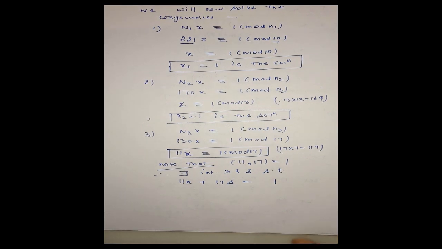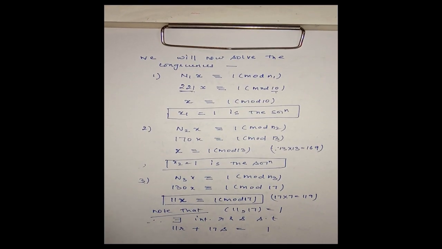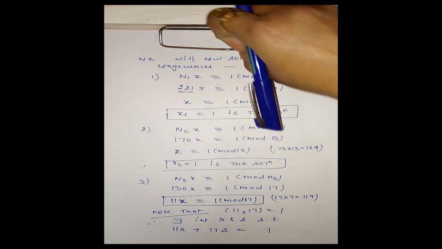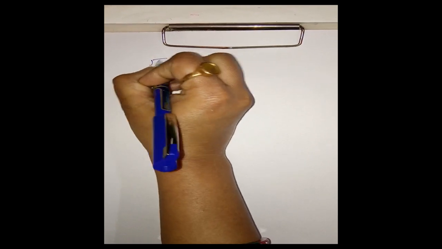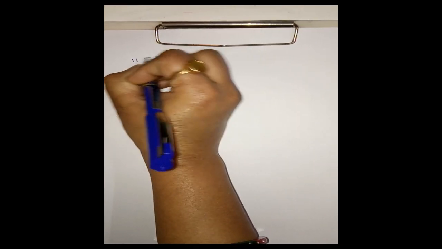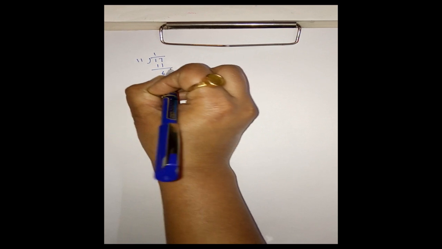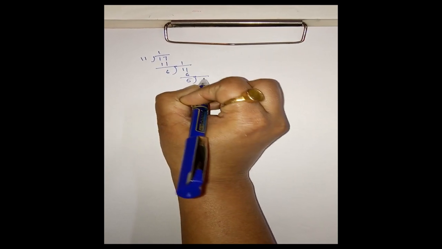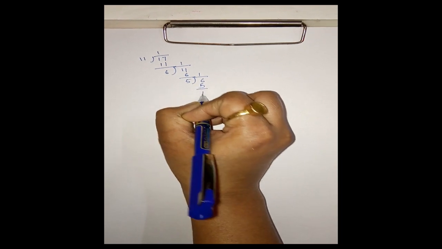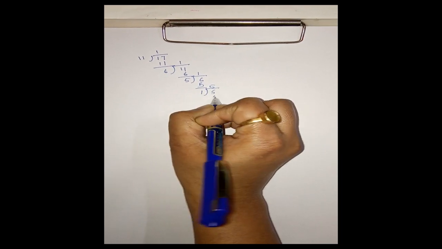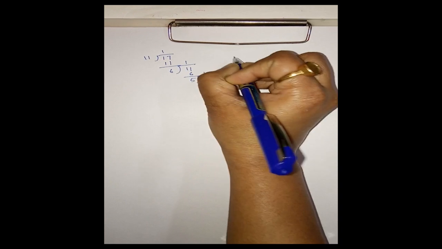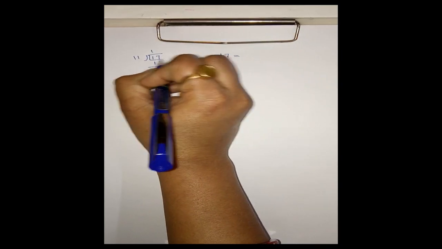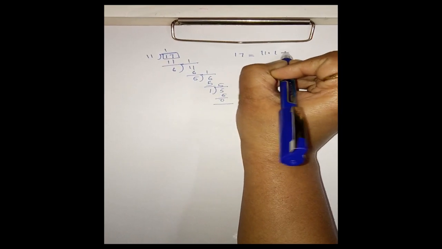Now, we will divide 17 by 11. 17 can be written as 11 into 1 plus 6.